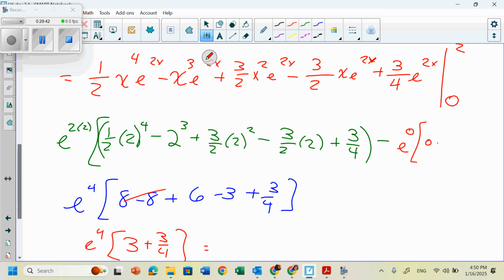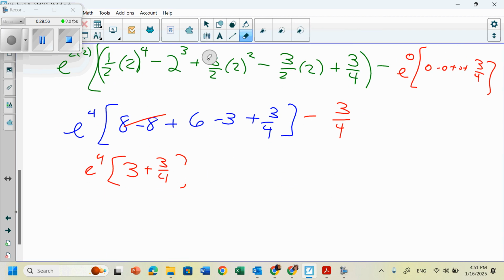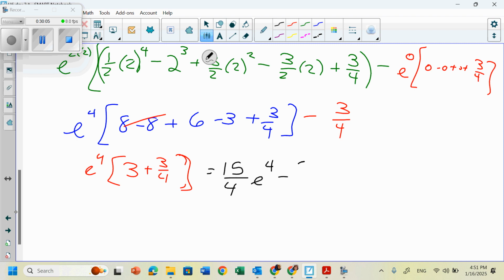Oh, I found it. What happens when you mix 6 up? 9/4, so that's 9 is 12, so that's 15/4. 15 fourths e to the fourth minus 3 fourths. And there, ladies and gentlemen, is my final answer. Oh, nope. Still made a mistake. That is negative 3. Does not make this this. This makes this negative 9 over 4.